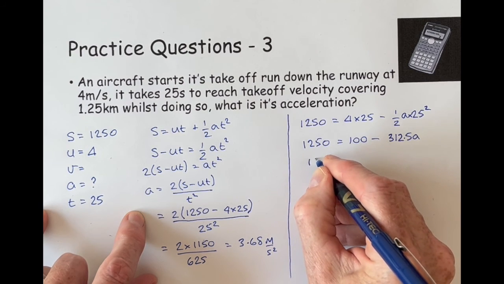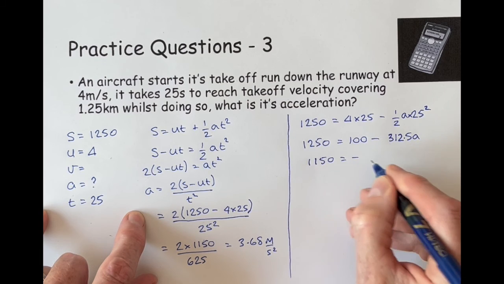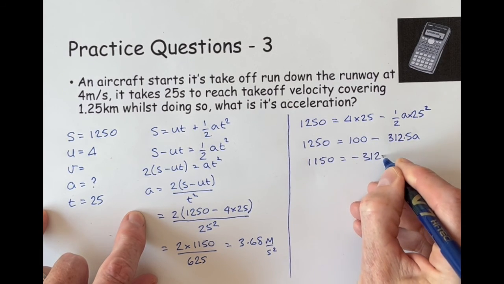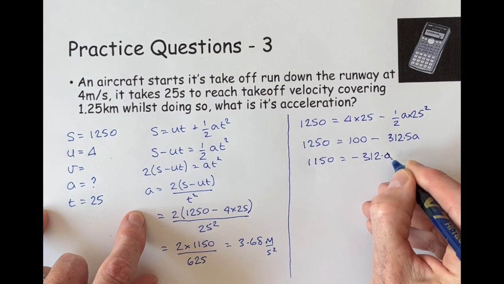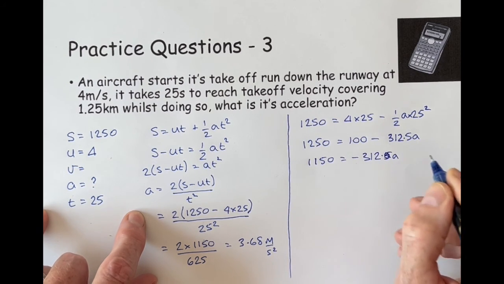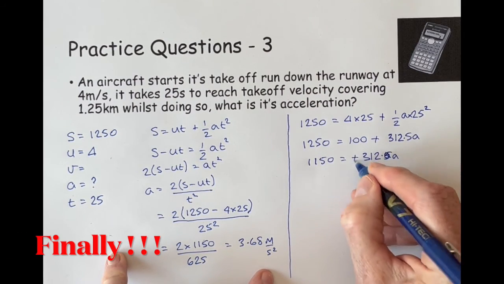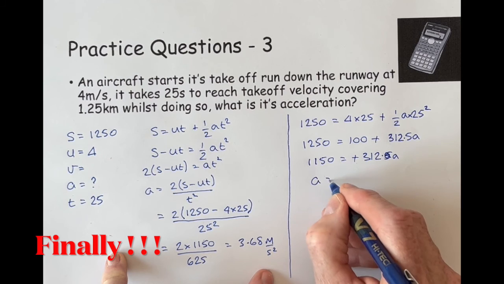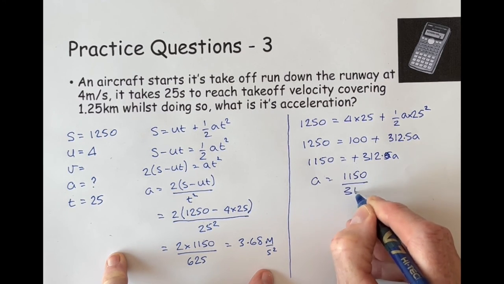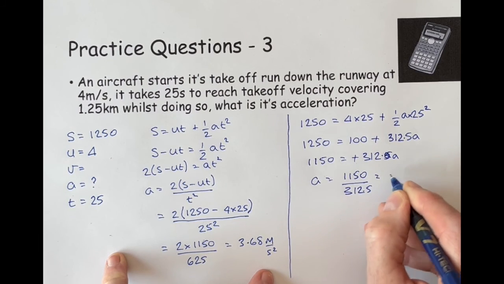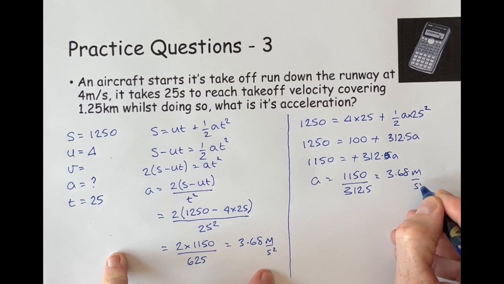So we get 1150 equals 312.5 times a. Oops, that should be a plus there, sorry. And then a equals 1150 divided by 312.5, which also gives us 3.68 meters per second squared.